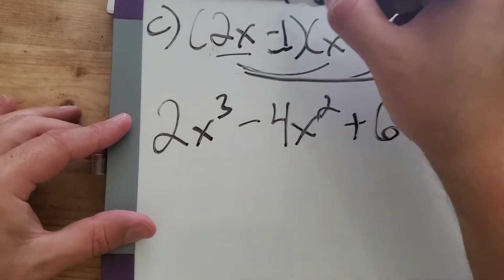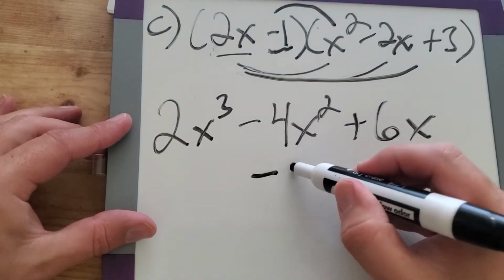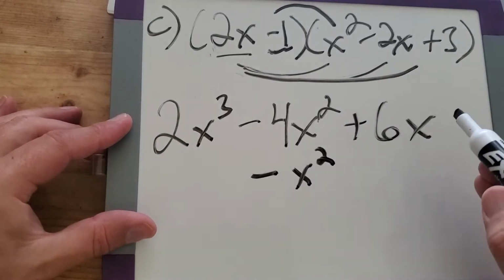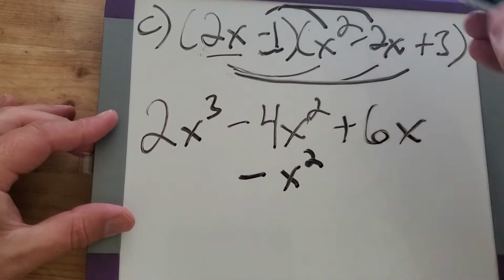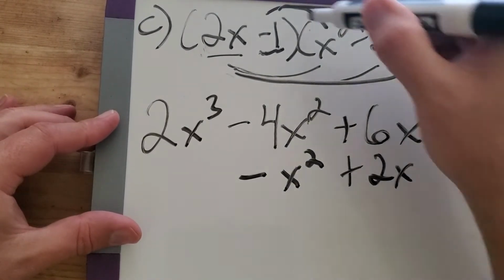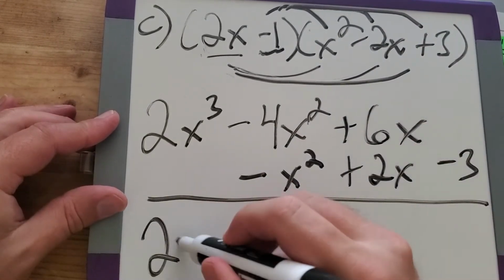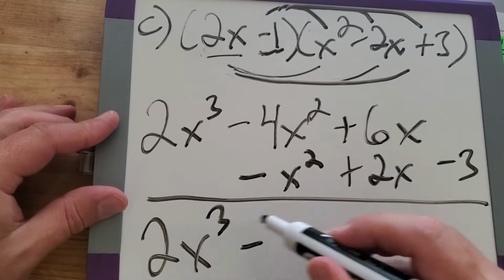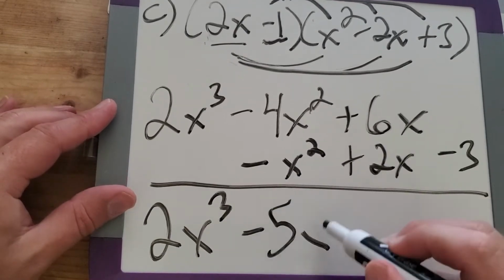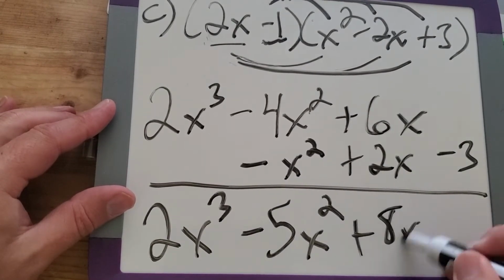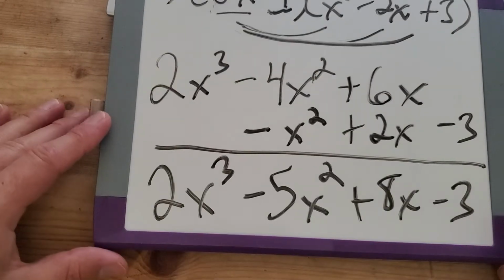Then this guy gets a turn. -1 times x squared is -x squared. Notice I'm lining up my like terms. -1 times -2x is plus 2x. And -1 times 3 is -3. So now I just have to combine my like terms. 2x cubed minus 5x squared plus 8x minus 3. And there it is.